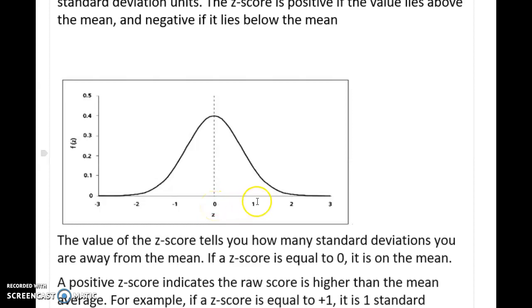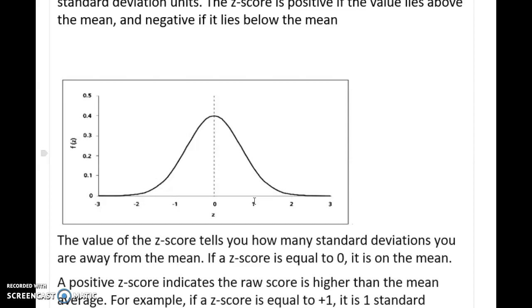Then we can get up to 1, 2, and 3. What these numbers actually are is standard deviations. So a number that's here is one standard deviation from the mean. That's what your z-scores are. They convert your raw data into standard deviations from the mean.